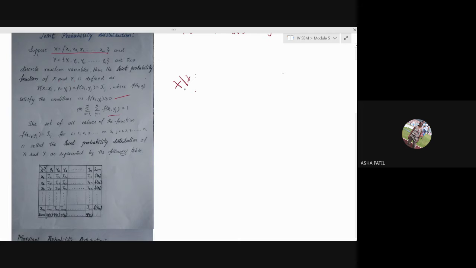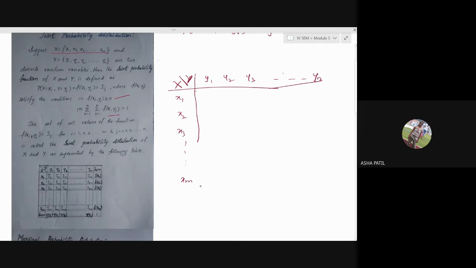So we will be taking the x variable vertically and the y variable horizontally. We'll write all the values of y: y1, y2, y3, so on up till yn, and here the values of x: x1, x2, x3, so on up till xm.